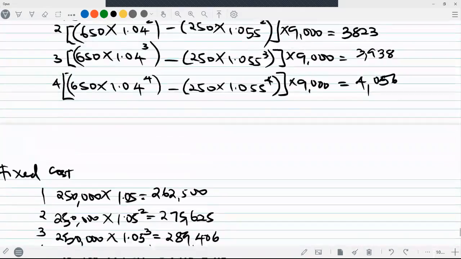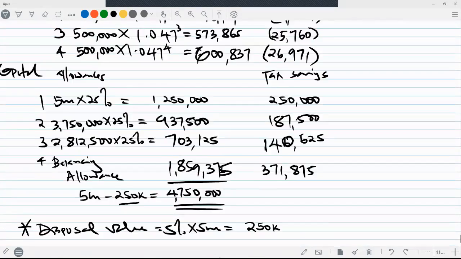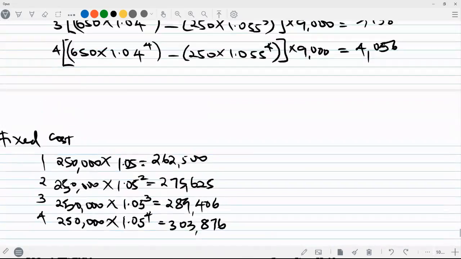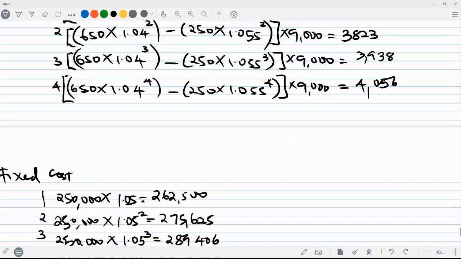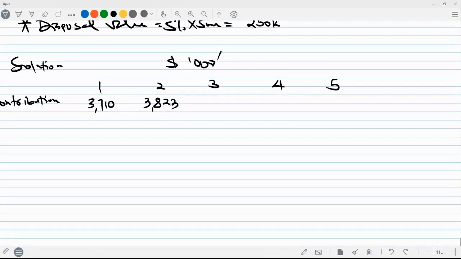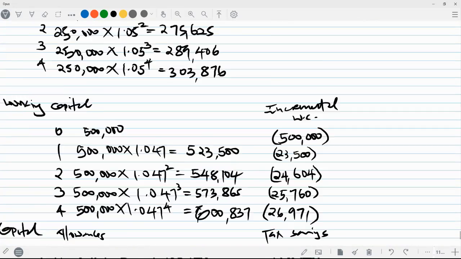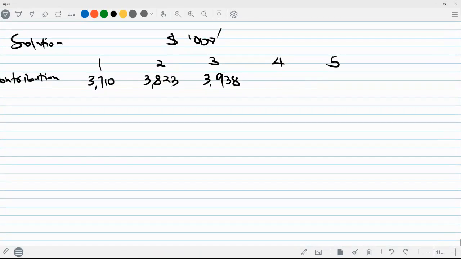Year 2, contribution is equal to 3823. Year 3, we have it to be equal to 938. Year 4, we have it to be equal to 4056. That's on the contribution.